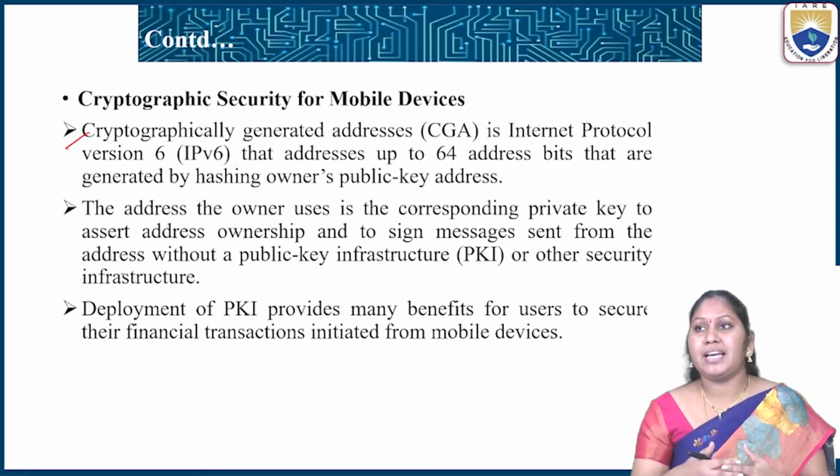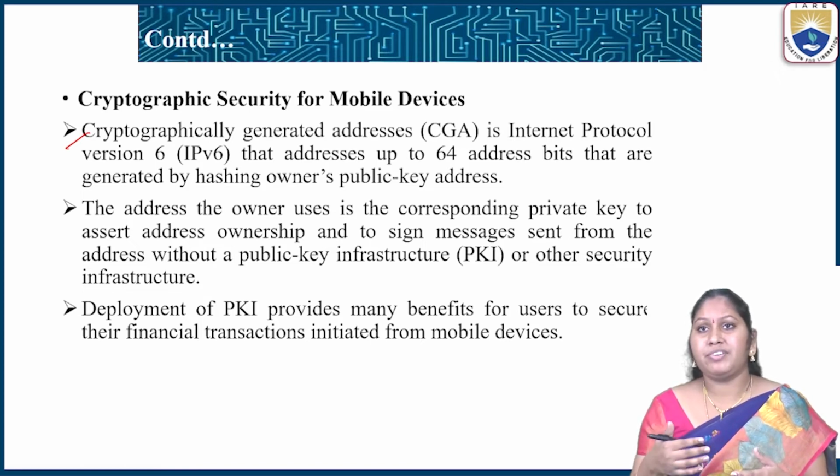Cryptography means every time we want to access the data, the address of the data will change. So cryptographically generated addresses give good security to the sensitive data in your mobiles.